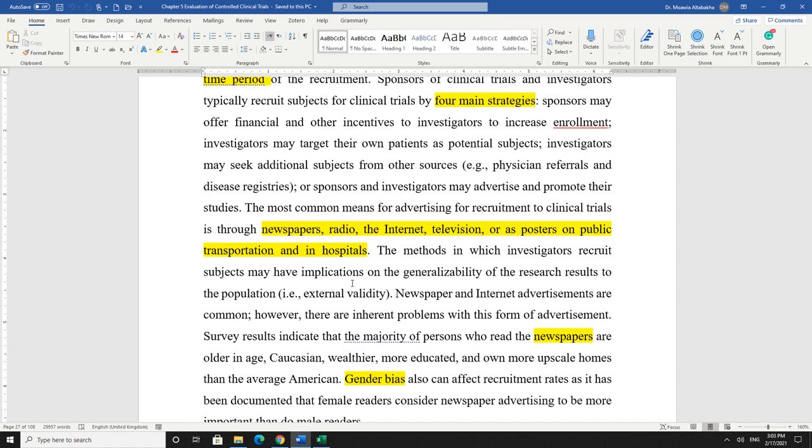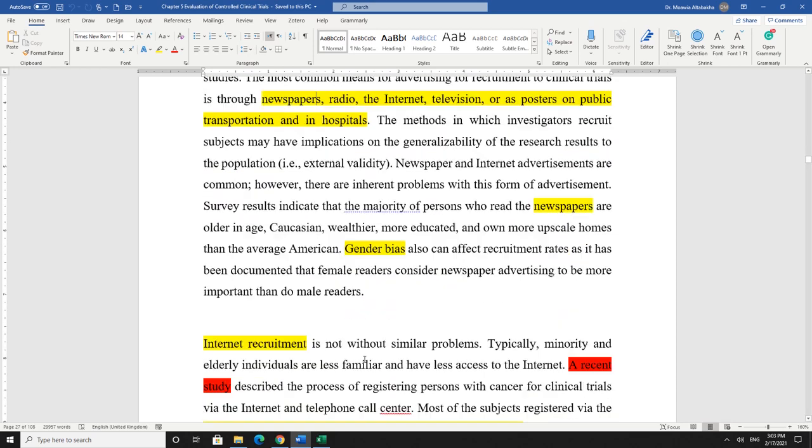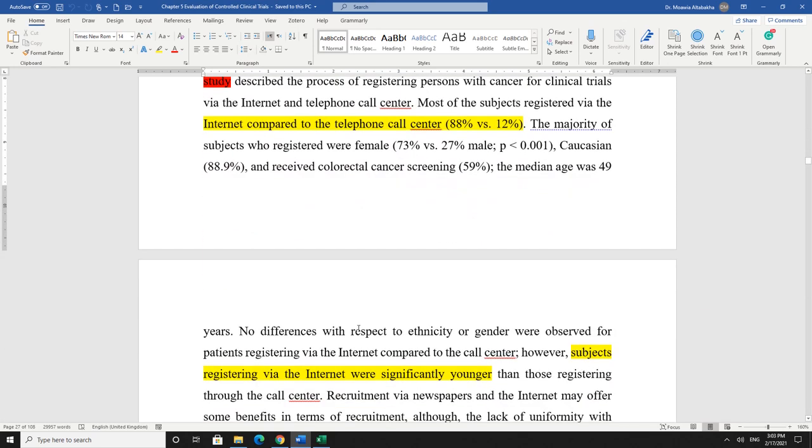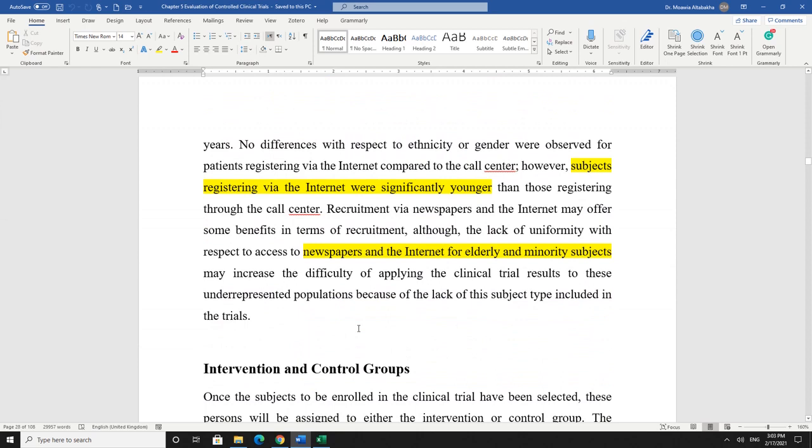So here we don't have equal opportunity for them to participate, okay, and we might have what we call gender bias. So you have to take all that into consideration when you want to advertise for the clinical trial.